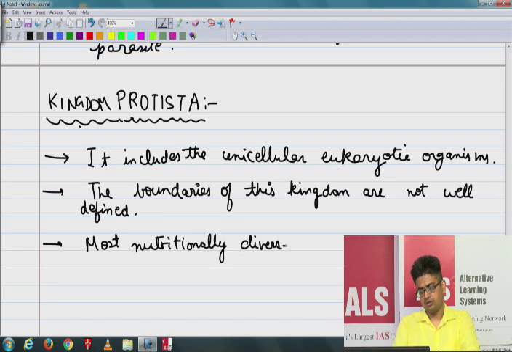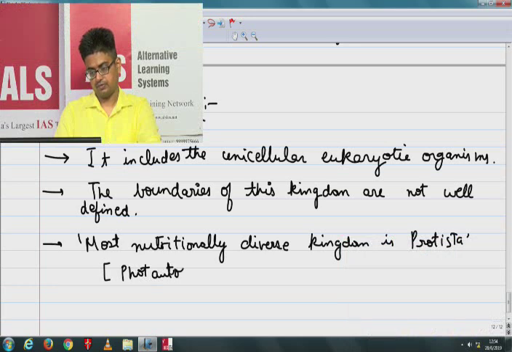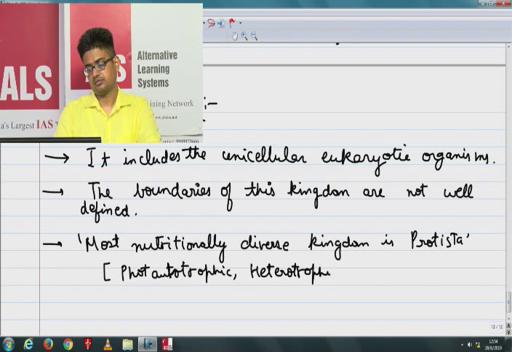Organisms may be photoautotrophic, heterotrophic, and mixotrophic as well.